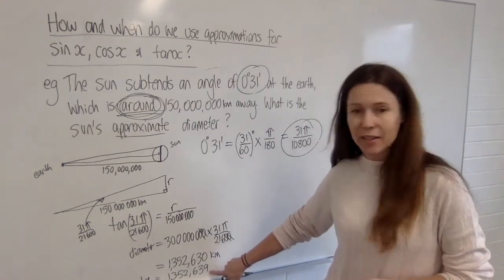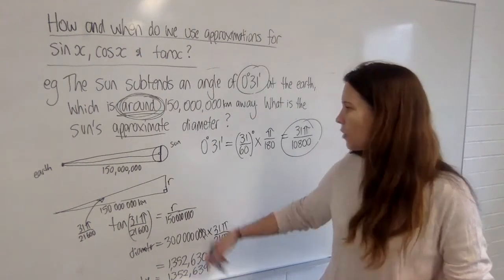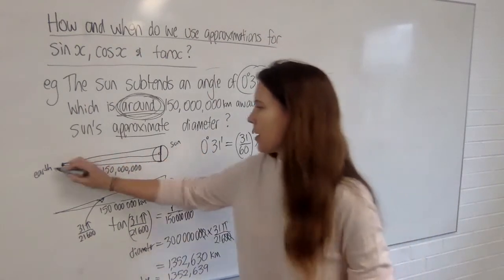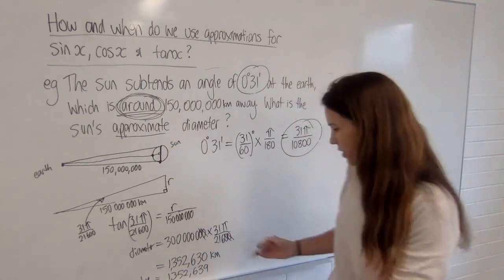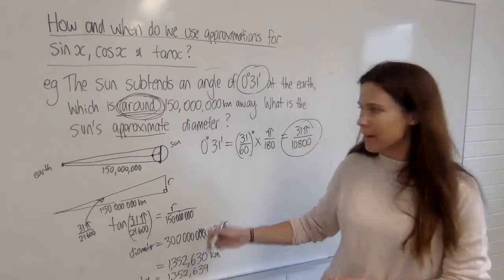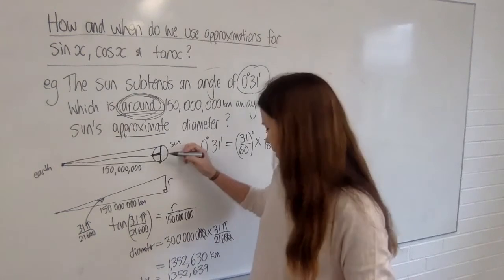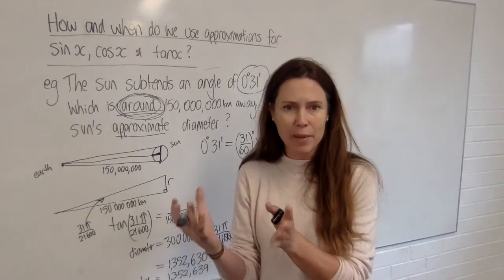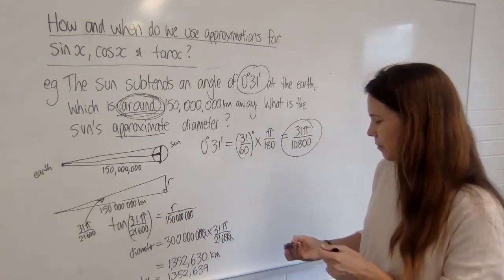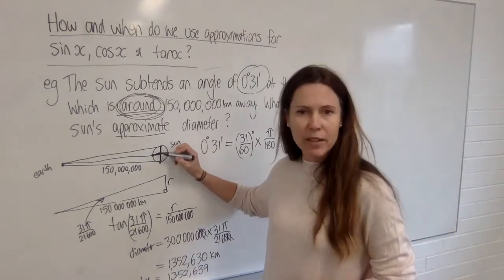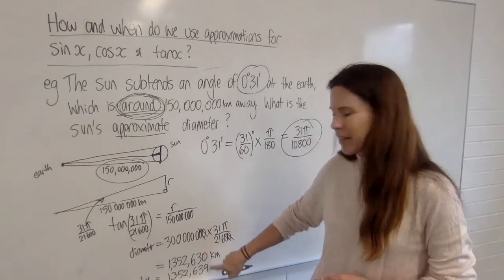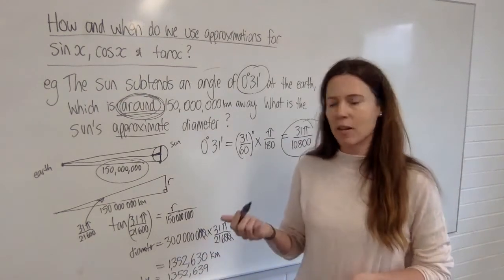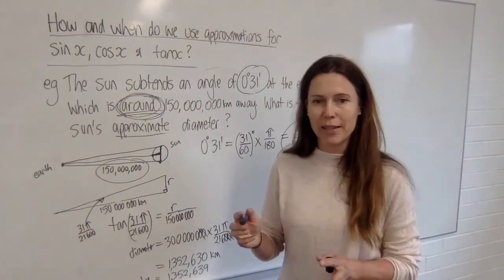In fact, that's much less of a problem than whether we were measuring this 150 million kilometres from here or from here. Because if the sun is more than 1 million kilometres wide, we might be out by 500,000. So being out by 500,000 with this, or by 9 kilometres with this, you can see we're making an approximation. There's no point getting too bogged down.